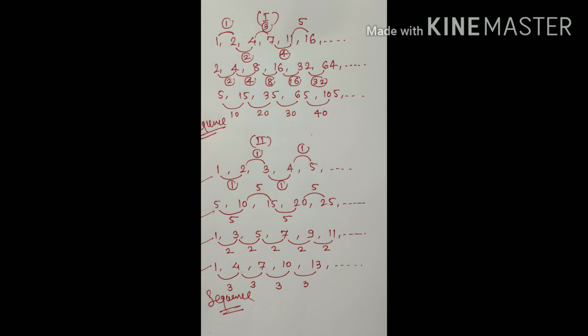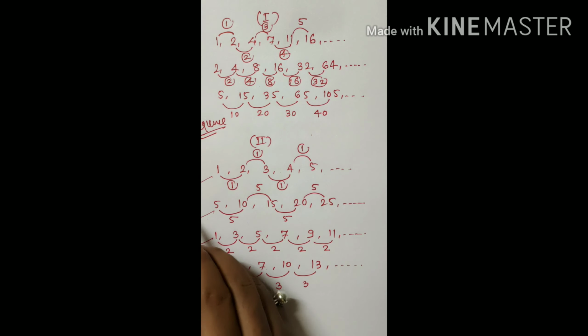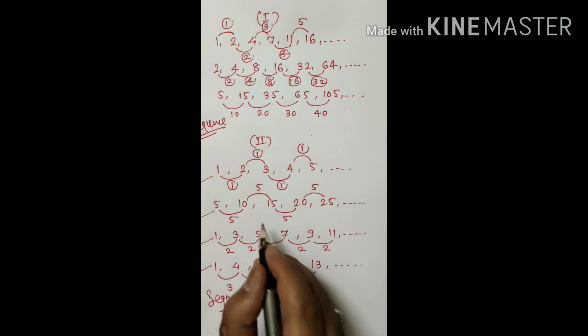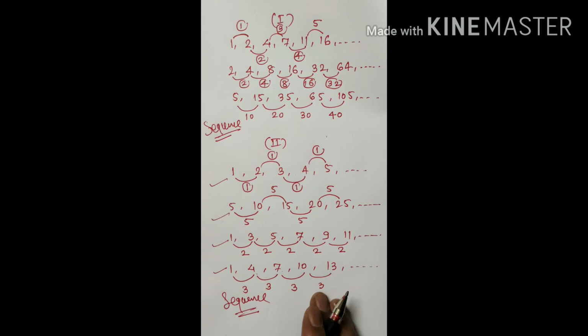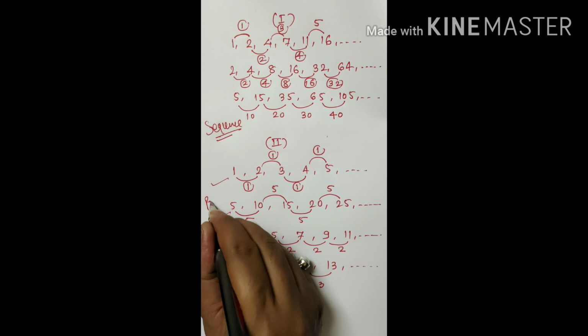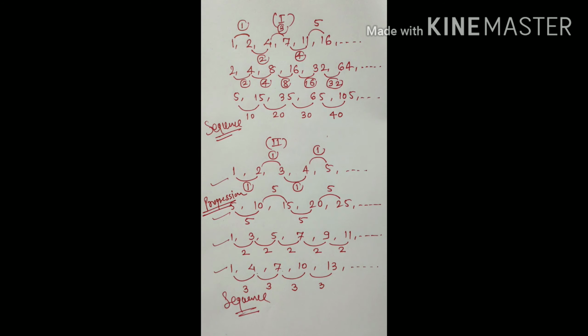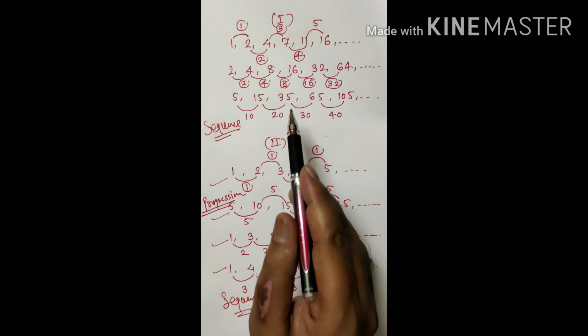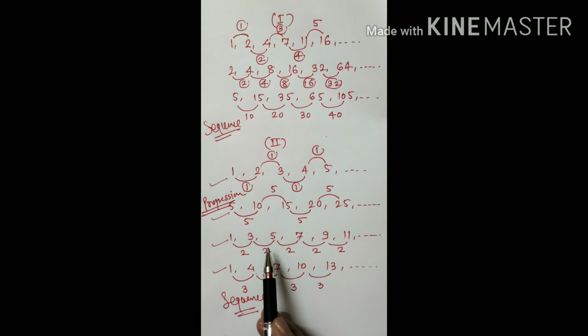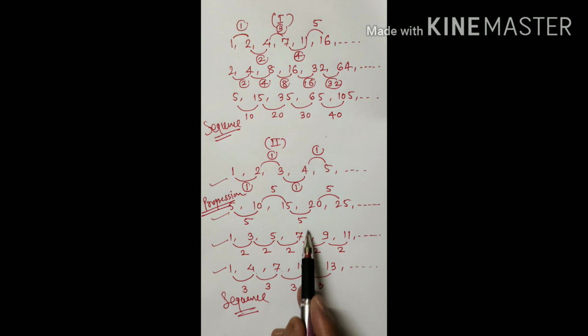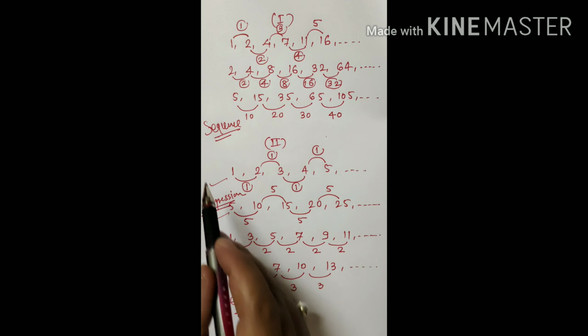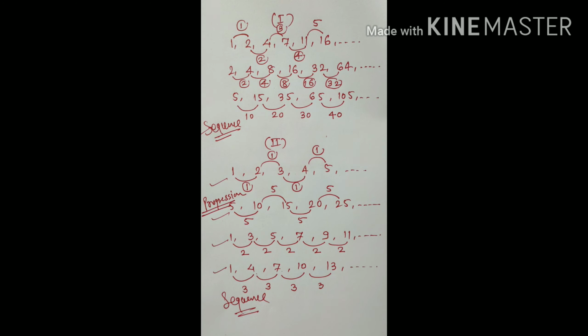All sequences cannot be progressions. This is progression, student. This is progression. This is the progression. Means all sequences cannot be progressions, but all progressions are sequences.